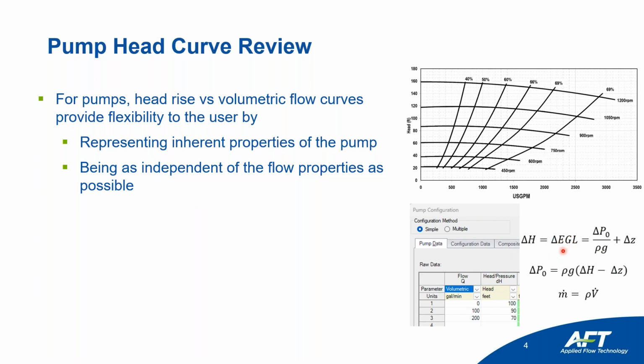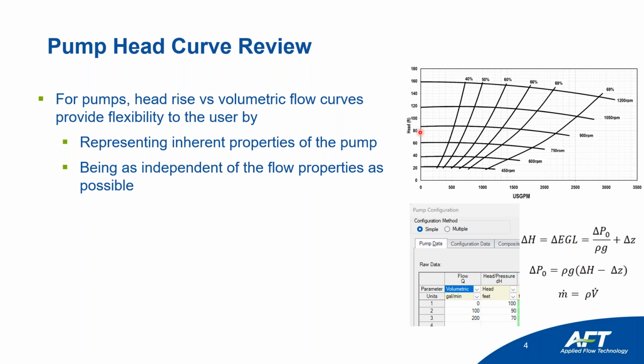rise, which can also be known as a rise in energy grade line, and that's the stagnation pressure rise across the pump divided by your density and gravitational constant. And if it's a very vertical pump, then there would also be that delta Z for the elevation change.